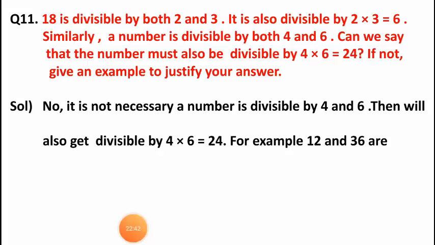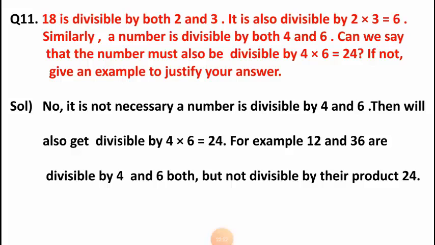Why so? Because when we take an example such as 12 and 36 and look at the factors, you can see that 12 is divisible by 4 by reading 4's table 3 times, as well as by 6 by reading 6's table 2 times, and 36 is also divisible by 4 by reading its table 9 times, as well as by 6 by reading 6's table 6 times.